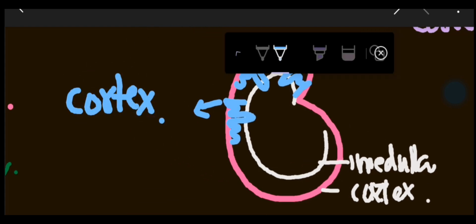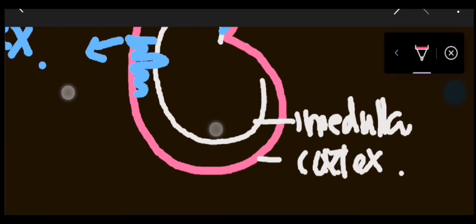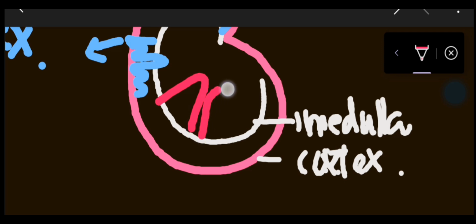Now, what are the juxtamedullary nephrons? As we know, the pyramids are present here.